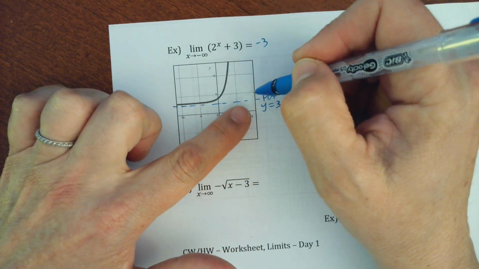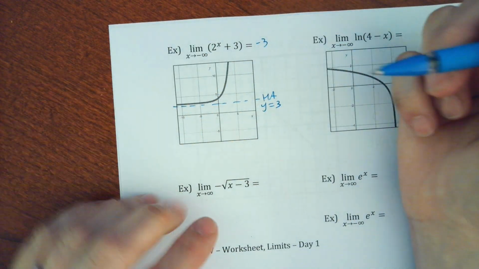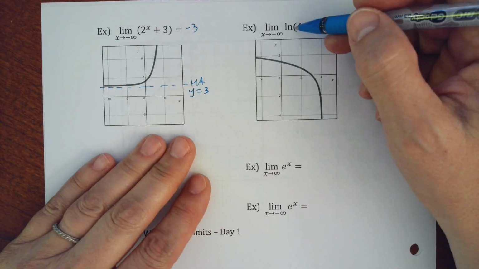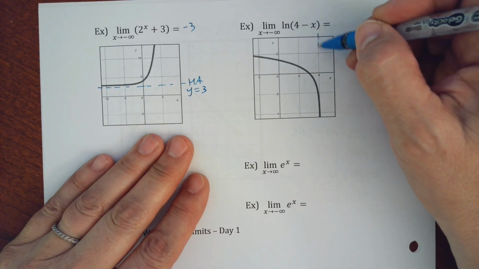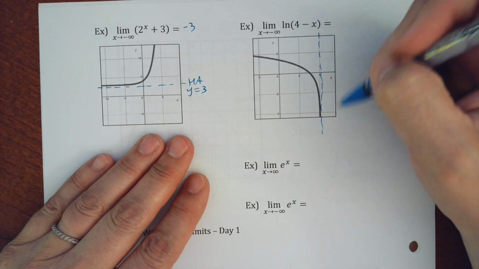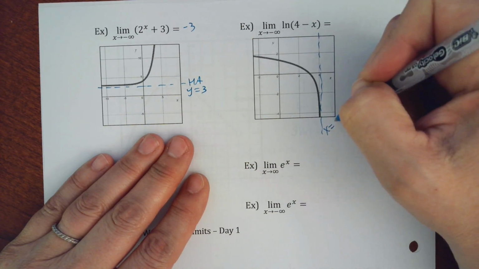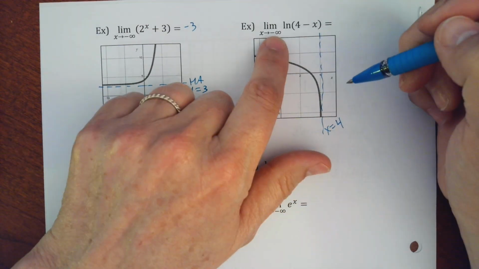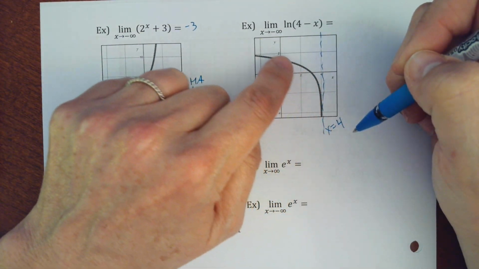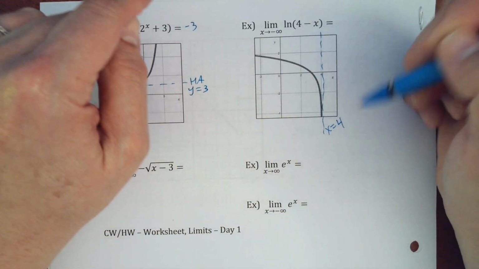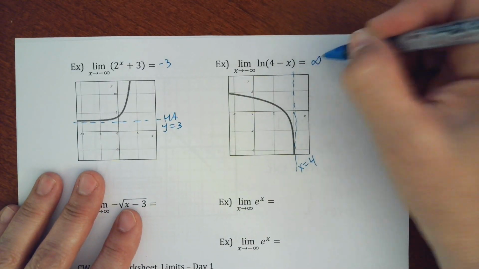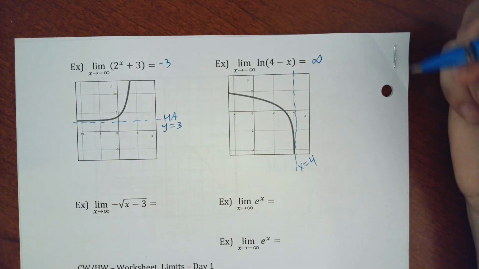But if I was going to positive infinity, it would approach positive infinity. All right. Natural log of 4 minus x, so there's an asymptote here at x equals 4. So as I go to the left, this graph goes up, up, up, up, up. So positive infinity. Okay, so just be able to draw a little picture.